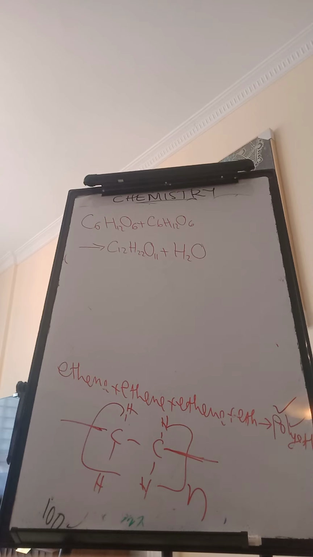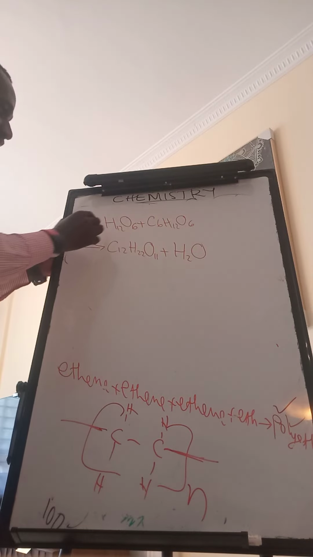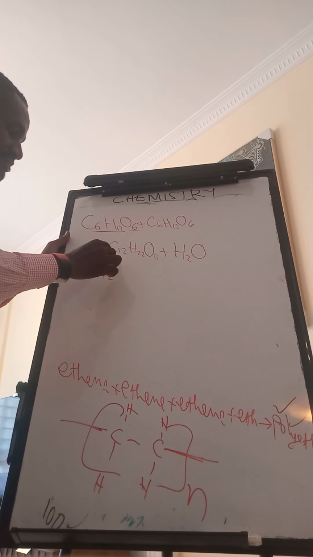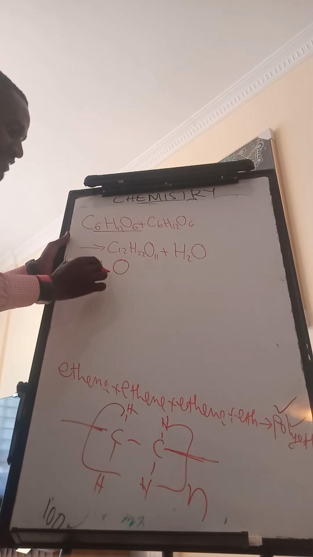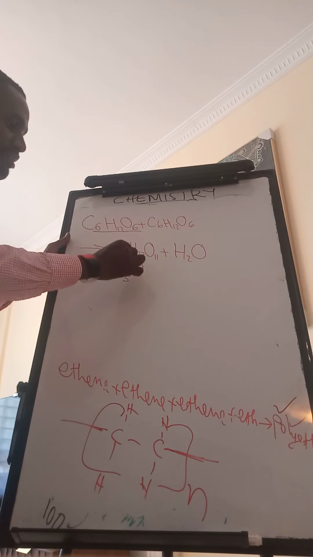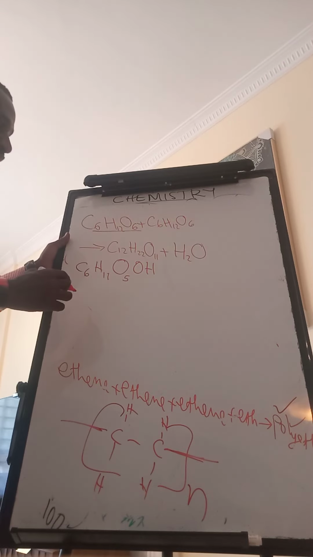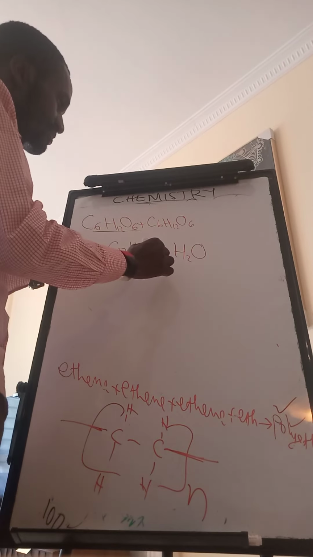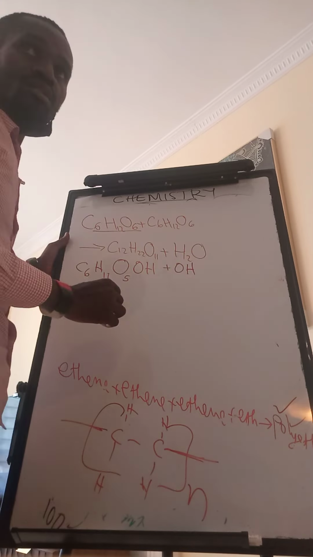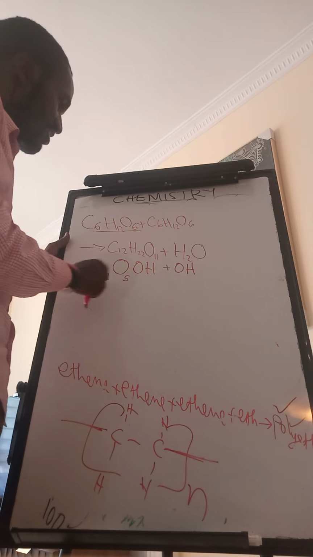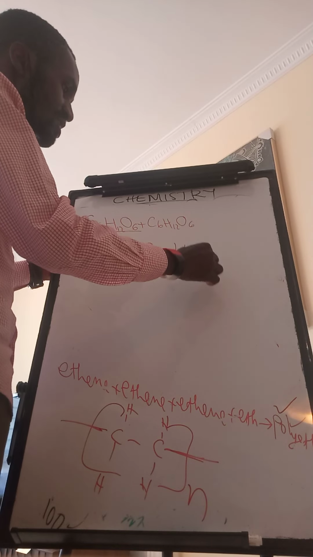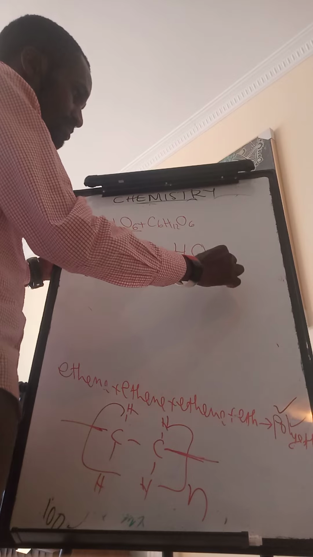See, I showed. If I come to this one, I can say C6H12, then O6. I can even say H11, then O5, then OH. This is what I wanted you to show. Then you say plus, and I can take this on the other side, OH. Like I've picked one hydrogen and one oxygen. Then I say OH again, and then C6, H11, O5.